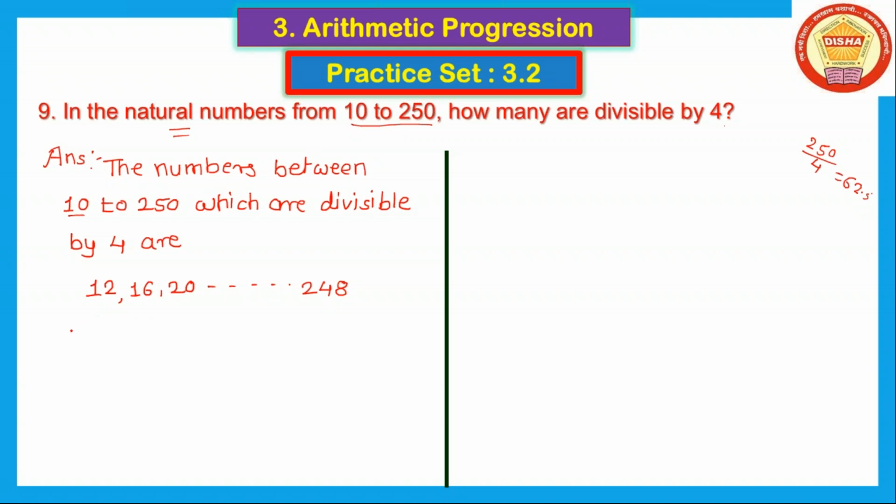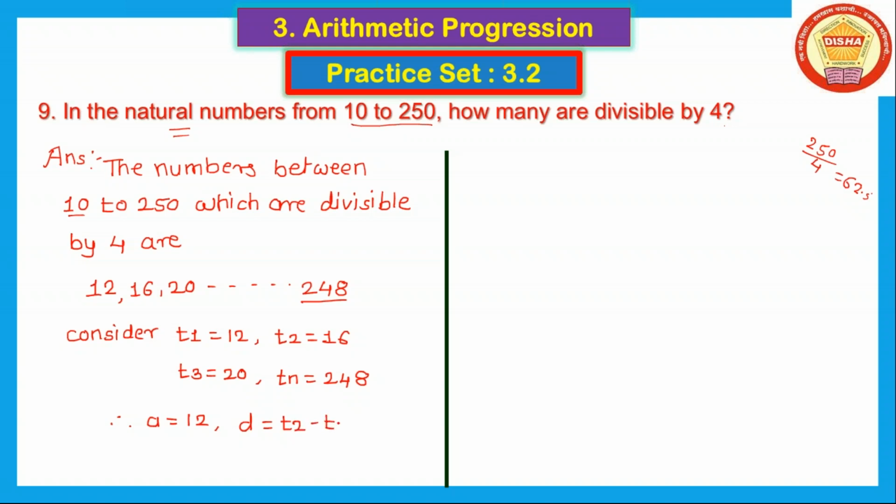ओके. फ्रॉम धिस अरिथमॅटिक प्रोग्रेशन वी राईट द टर्म्स. सो हिअर वी कन्सिडर T1 is equal to 12, T2 is equal to 16, T3 is equal to 20, and this is the last term. So we consider here Tn is equal to 248. From this we write A is equal to 12. Then we find D is equal to T2 minus T1.